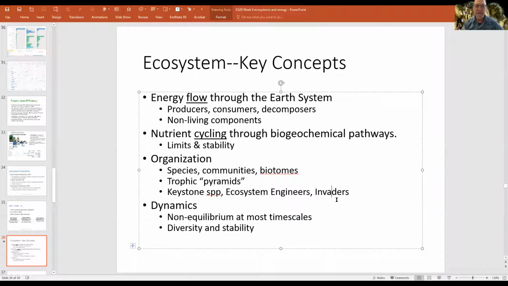Of course, it depends when the invasion happens, because in history, there have been many introductions that have altered the characteristics of the ecosystem in fundamental ways. But then subsequently, after some period of time, the ecosystem readjusts.